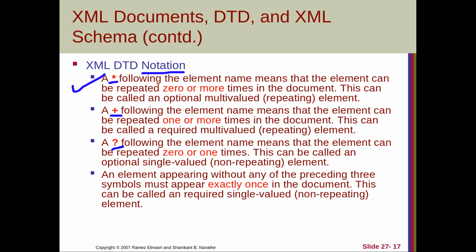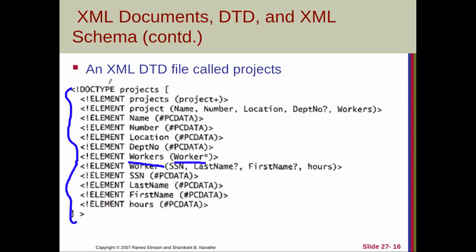We can either avoid worker, we don't need to write a worker tag there, and it is still correct, or we can have more workers in that particular XML document. So that is the meaning of star. I hope it is clear. So in the previous example, we can have either 0 worker tags, or we can have more, 0 or multiple.